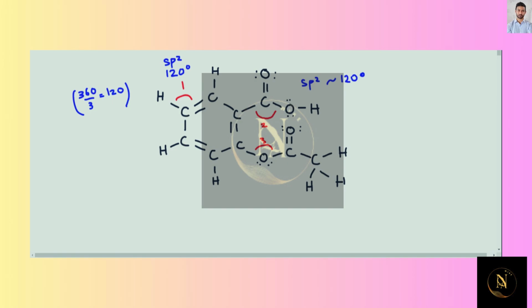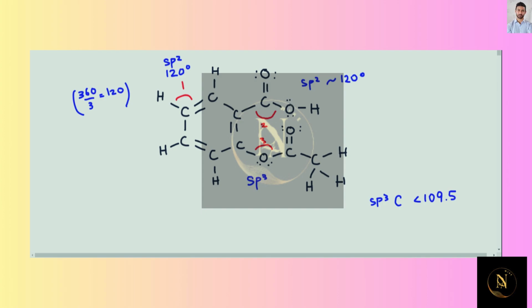It might be a little bit different because now you have an oxygen here, but it's going to be about 120 degrees. If you look at this bond angle 3, which is around your oxygen atom, this oxygen here is sp3. And if you remember, sp3 carbons have a bond angle of 109.5.